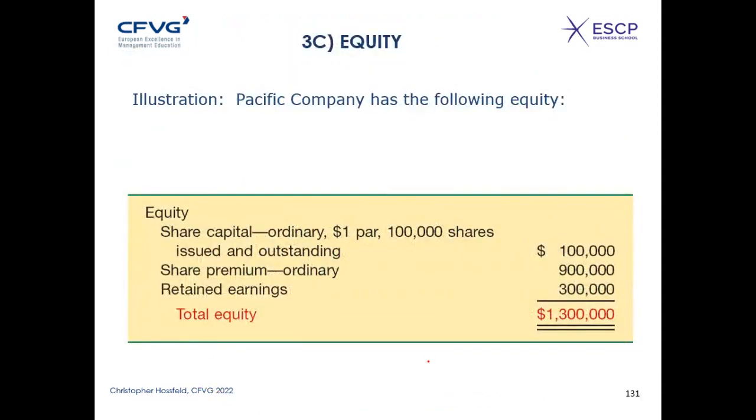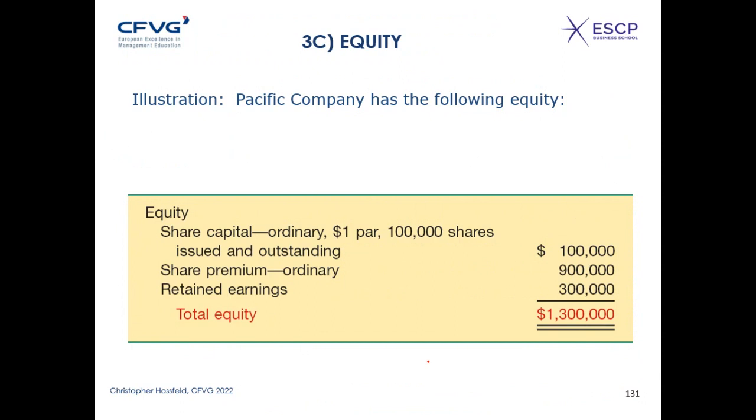Now let's see how the accounting works if I buy back my own shares. So here we have the equity section of a company. They have an outstanding share capital of 100,000, so 100,000 shares and a par value of 1. There's a share premium of 900 and retained earnings of 300,000.